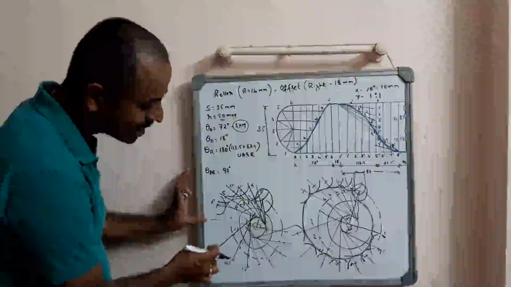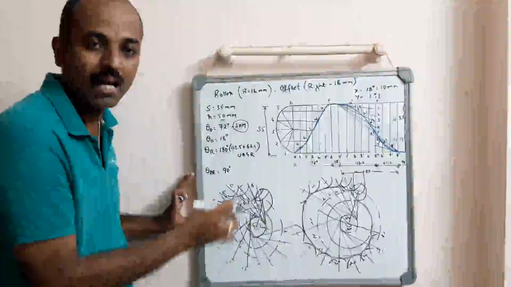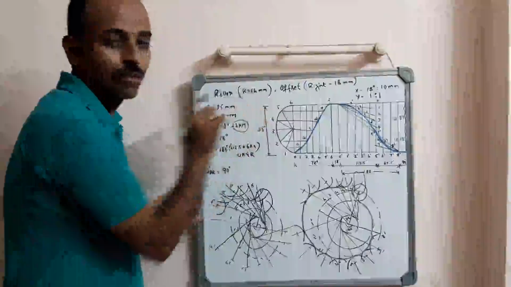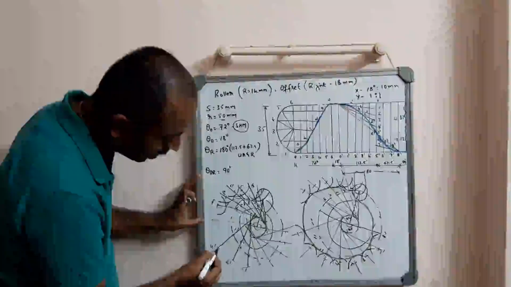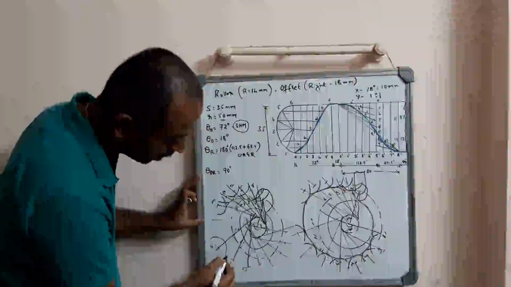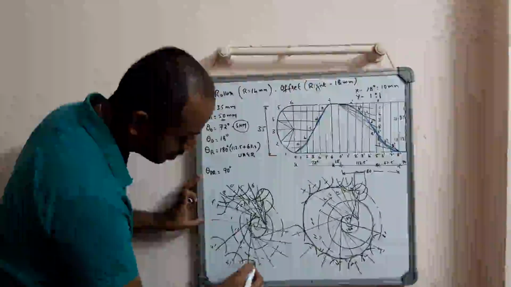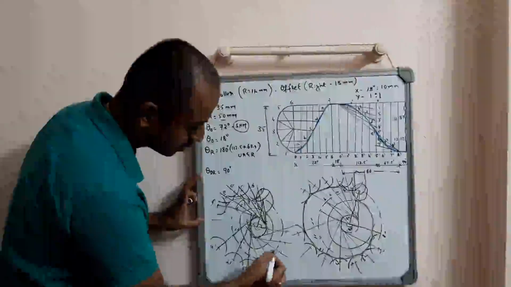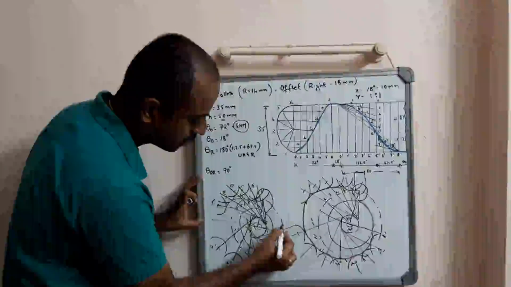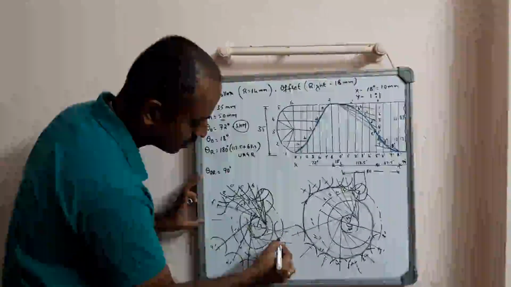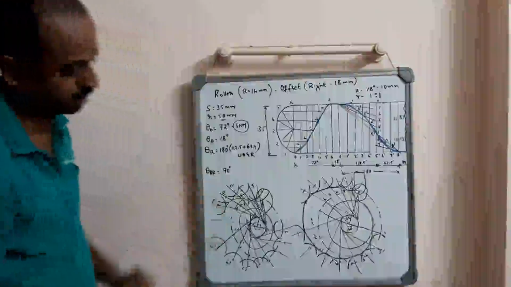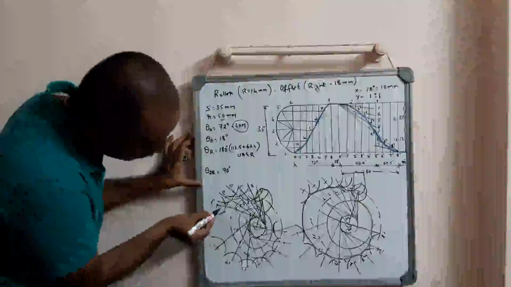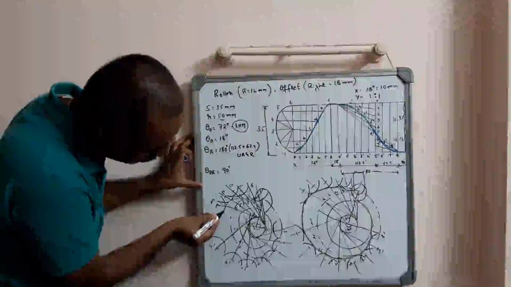Then with these points as center and radius equal to the roller radius 14 mm, go on drawing the roller arcs. Then extend the arc from this point like this.